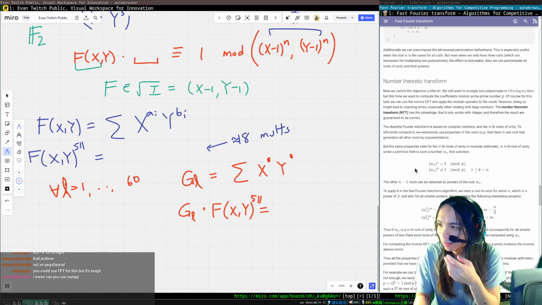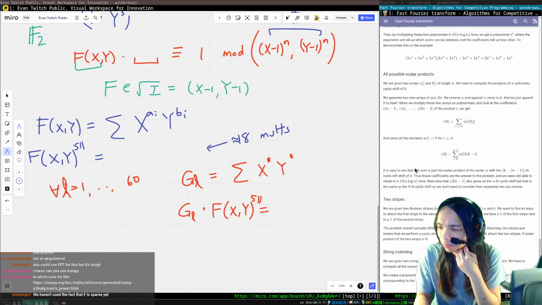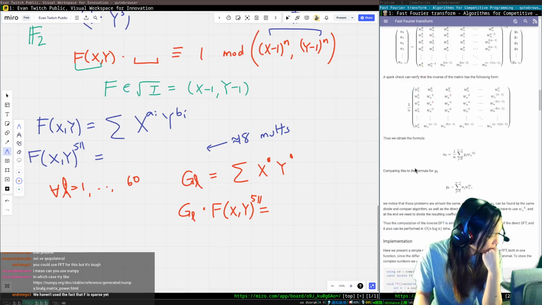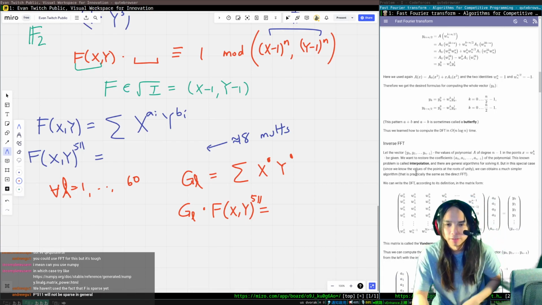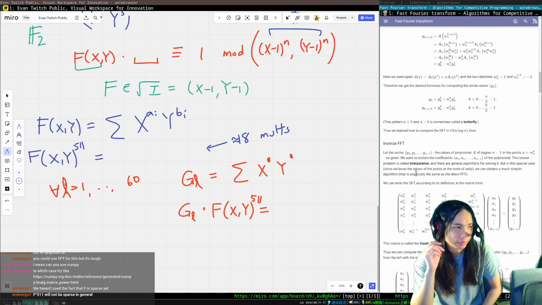Well, okay, so I guess it's multiplication of polynomials in F2, which, oh lord, we haven't used the fact that F is sparse yet. I thought the sparse condition was just telling us that computing F to the 511 was not that bad because F is sparse.